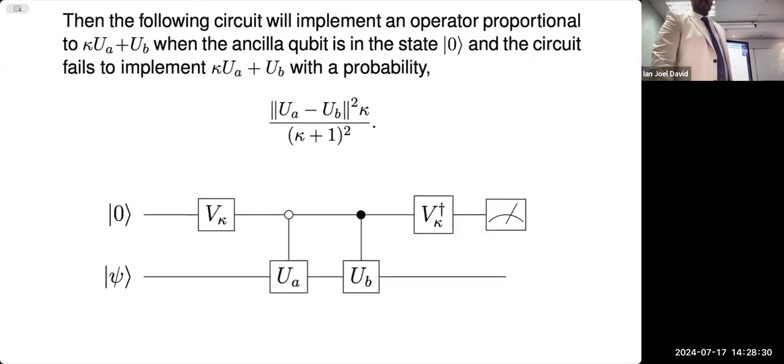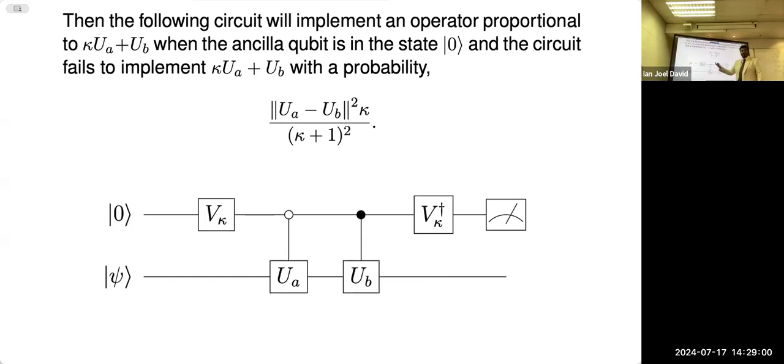So if I show you the circuit, this is the circuit that we have here. And as you can see, we have our system, which is represented by psi. We want to apply this linear combination of unitaries to psi. So the way you go about doing it is you have an ancillary system, which is just a single qubit. You apply V kappa to this, which rotates this initial state 0 here.